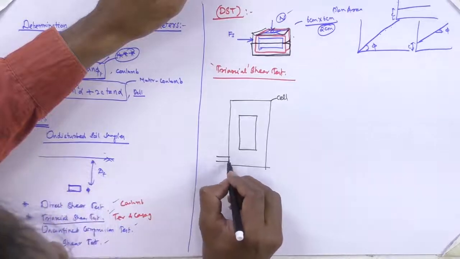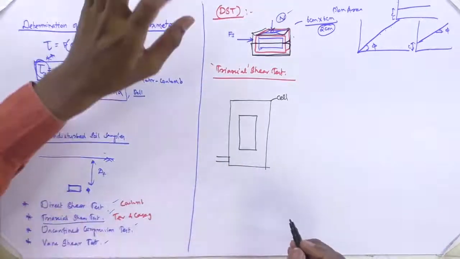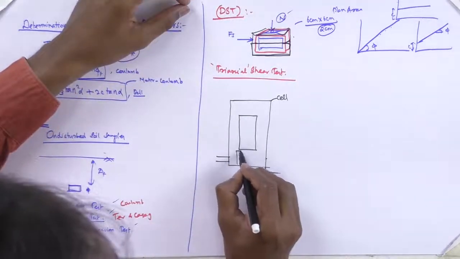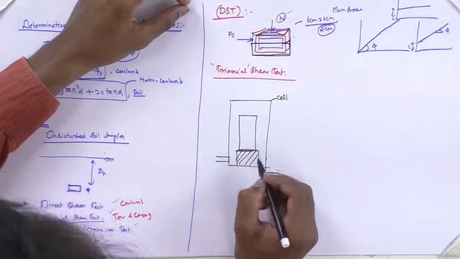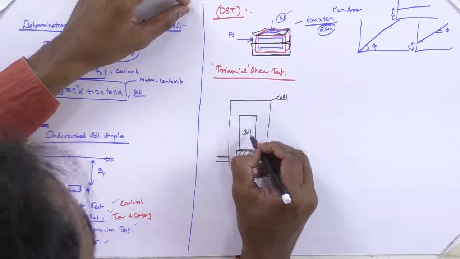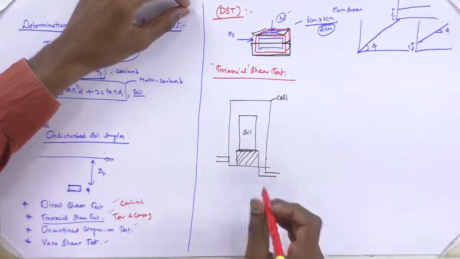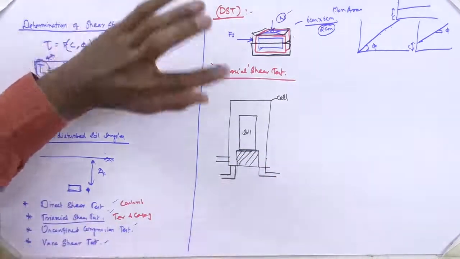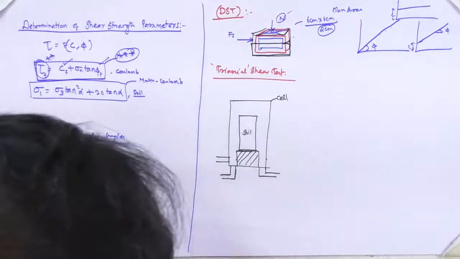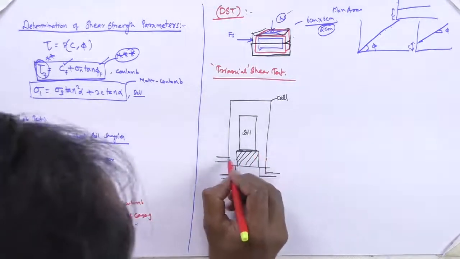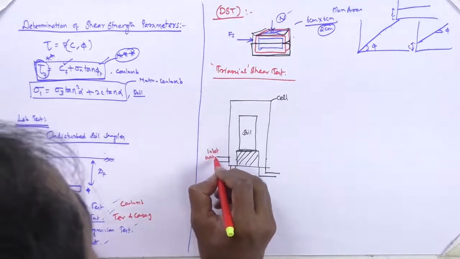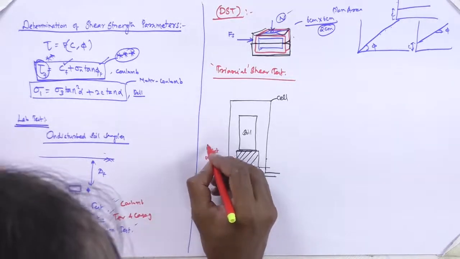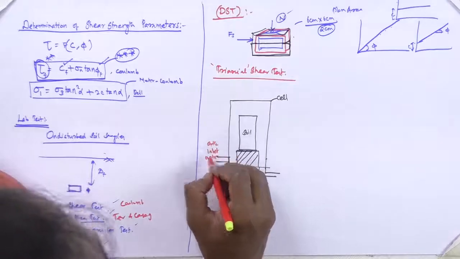There is an outlet, and also an inlet. This is placed over a platform. Please look at this very carefully. This is the setup, with a water inlet and outlet.